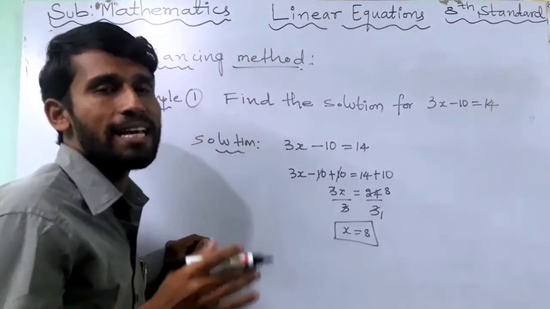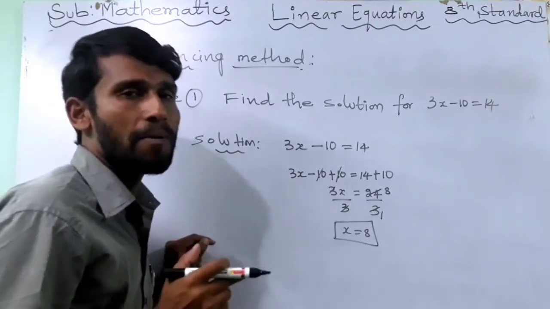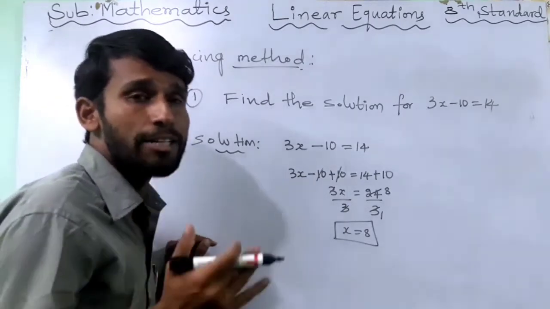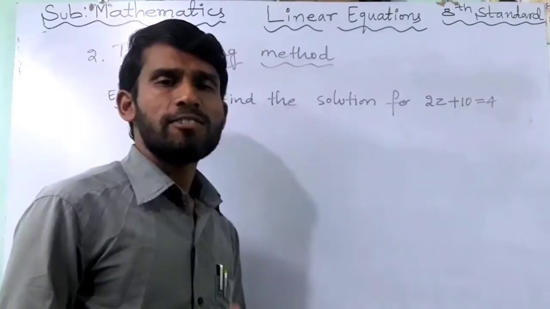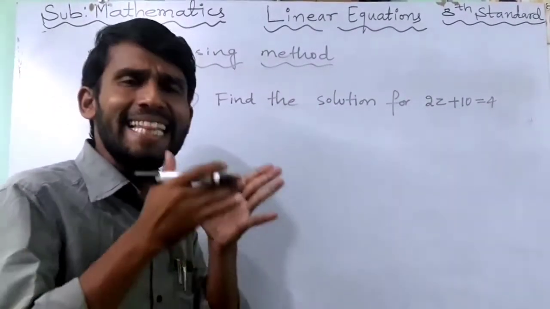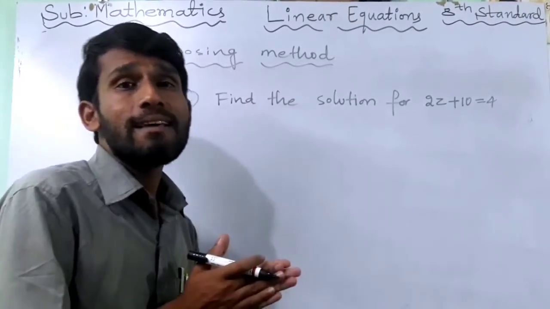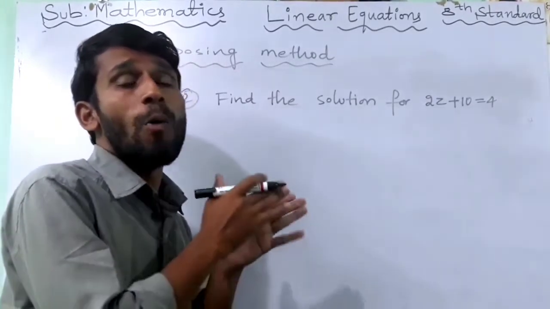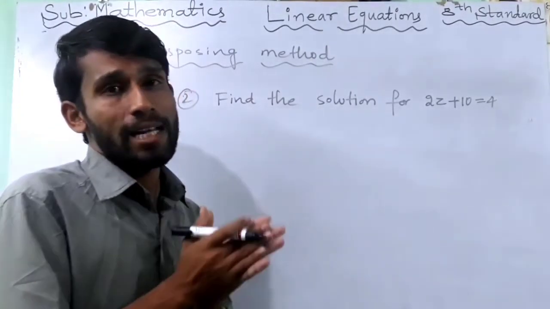Next method I am taking here, that is the transposing method. I will take an example also, how we can find out x values by the transposing method. Okay, dear student, next method I am taking here, the transposing method. Dear student, in this method we have to transfer variables and numbers from one side to another side to find out the x value.